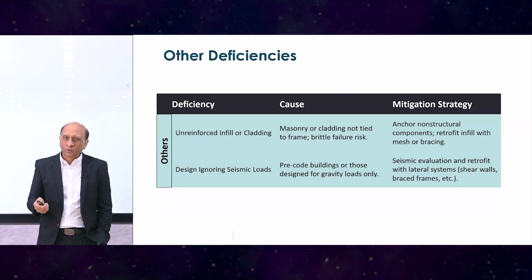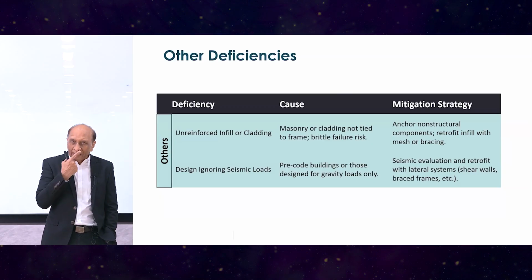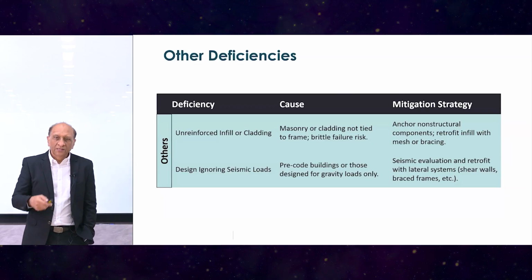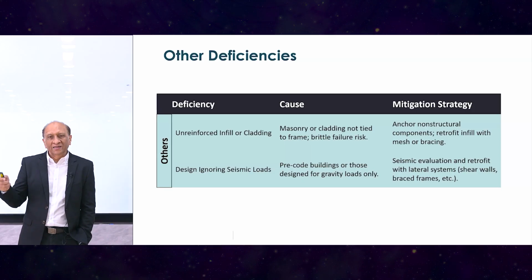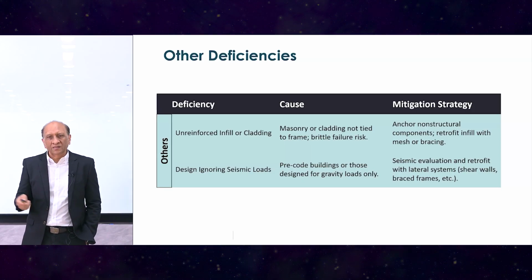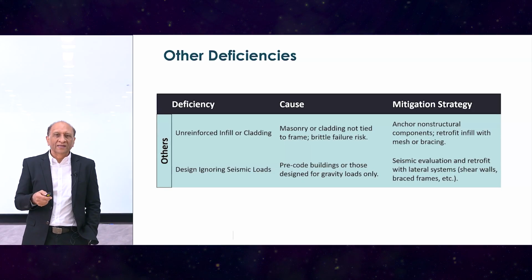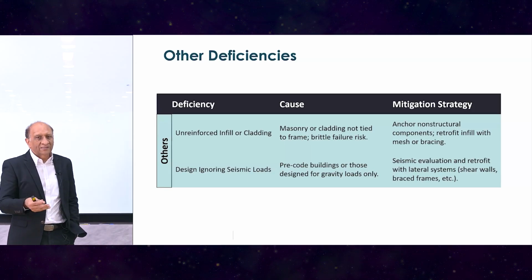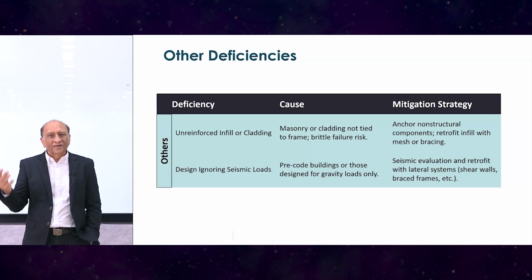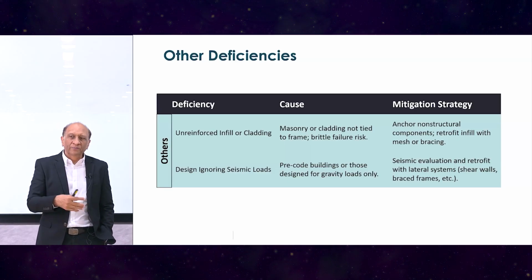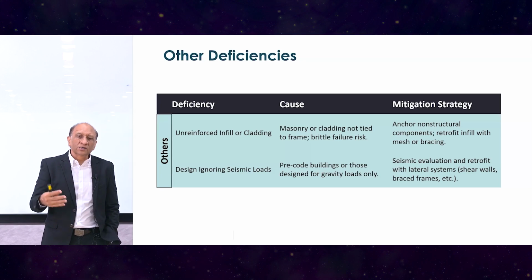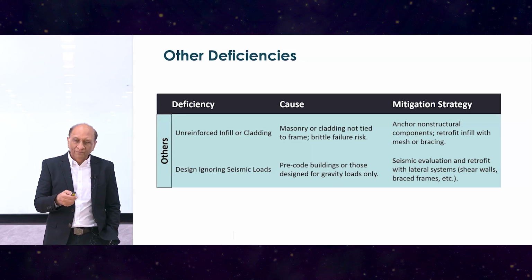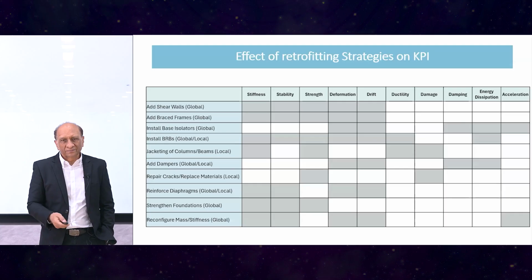They were designed for gravity loads, before the codes became aware of these things. So then we have to go back and add bracing and mostly external retrofitting. You can't fix the building by local retrofit. If you go to many places, for example, San Francisco, you will find a lot of buildings with external frames, with BRBs added to them, because it's not possible to fix a very old building through local retrofits.